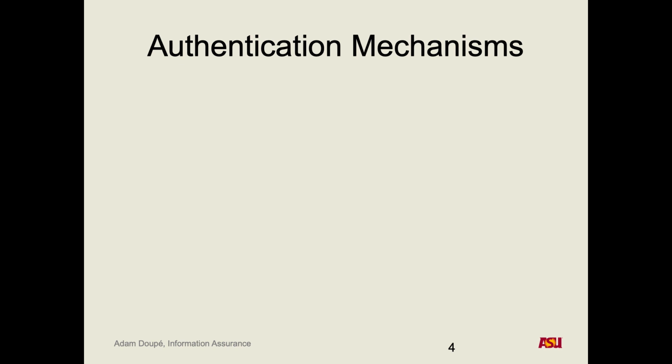Something that you know or remember, or that only you should know or remember. It's some secret value that only you should know. So a password is a value that checks that you know something.